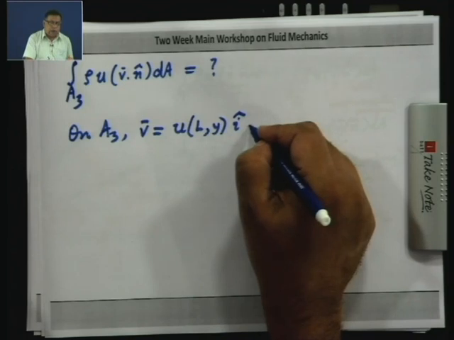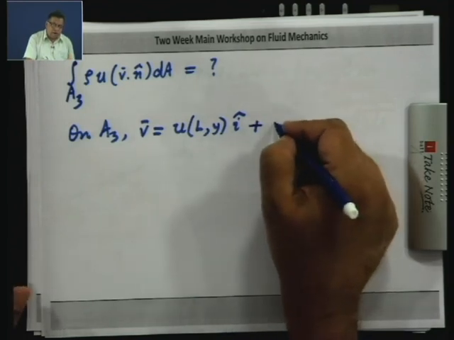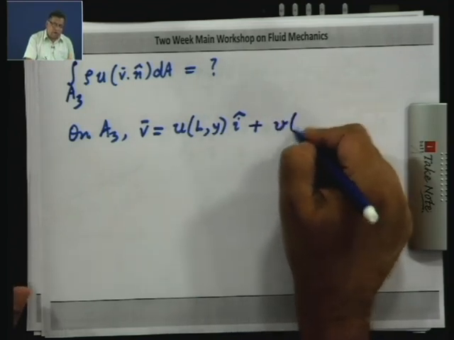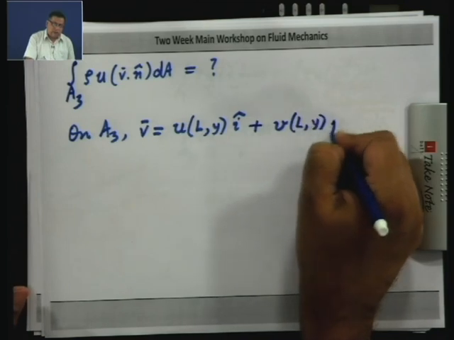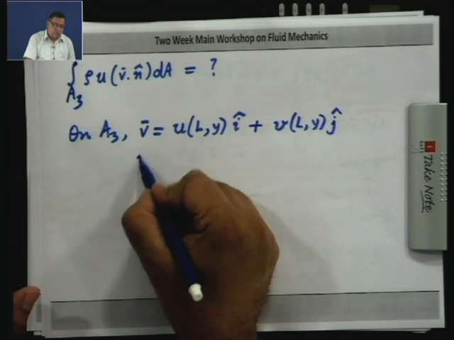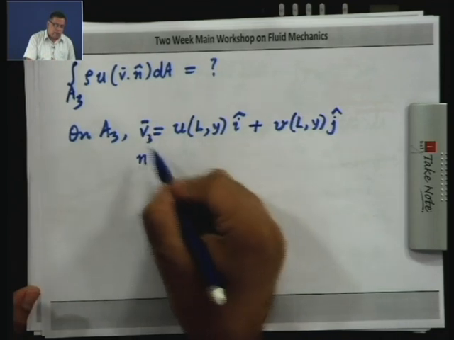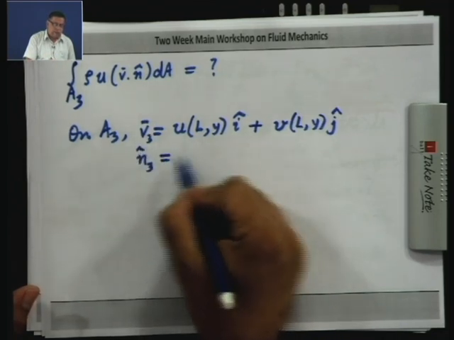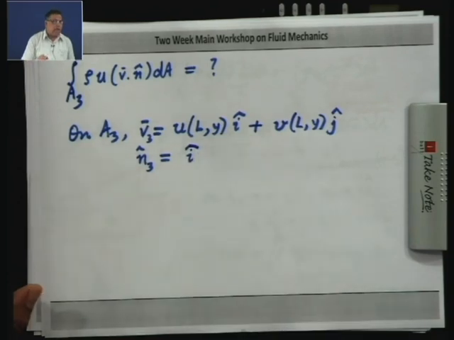Now, you are also going to have a small v component at L, y j, and if you look at the vector, V3 and n3, n3 is going to be plus i.